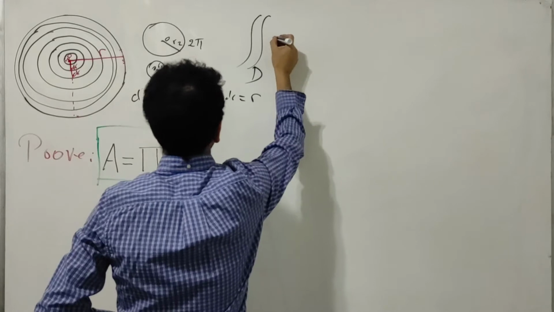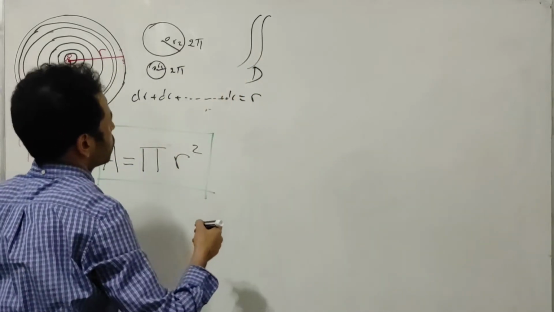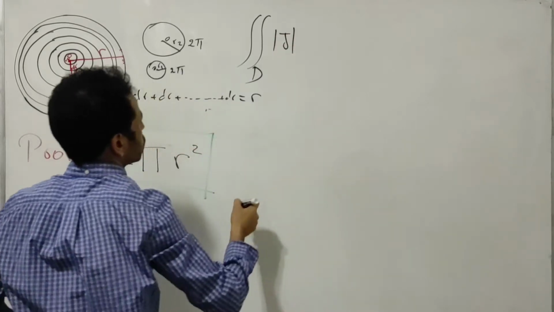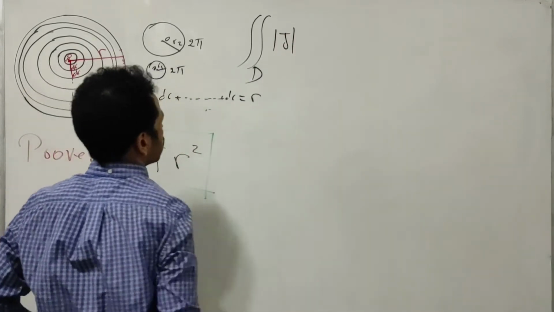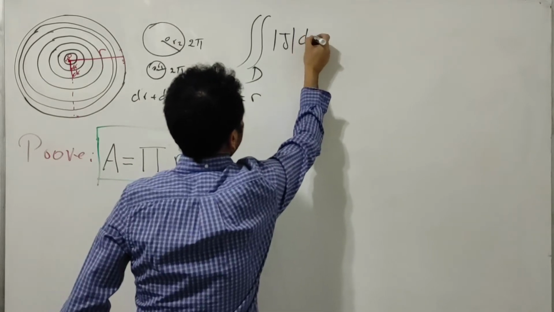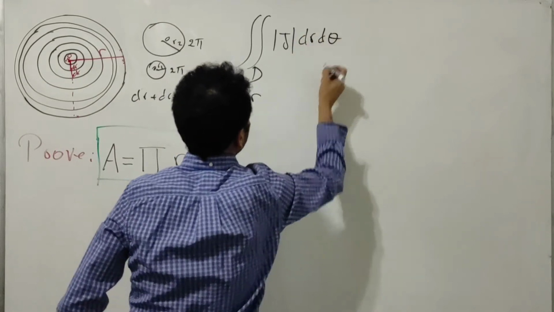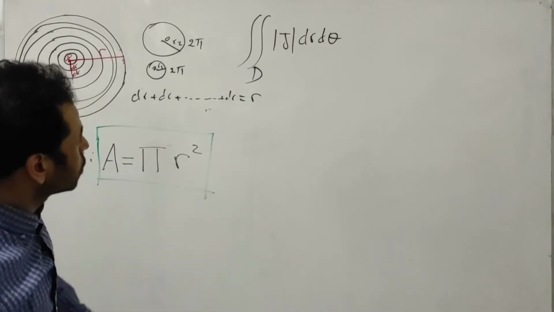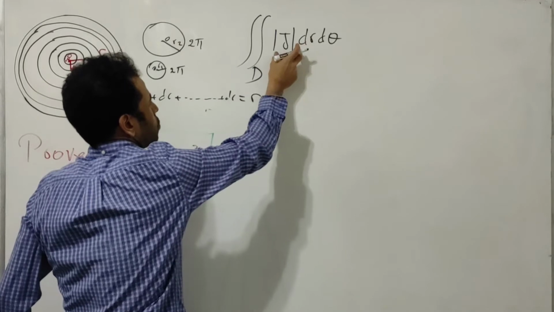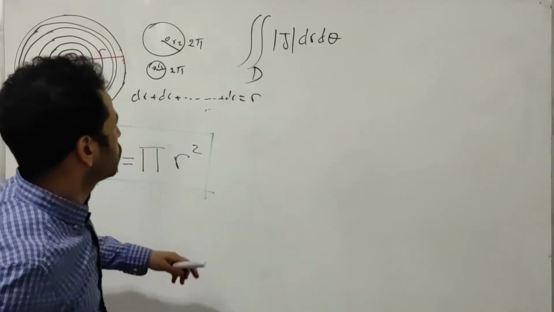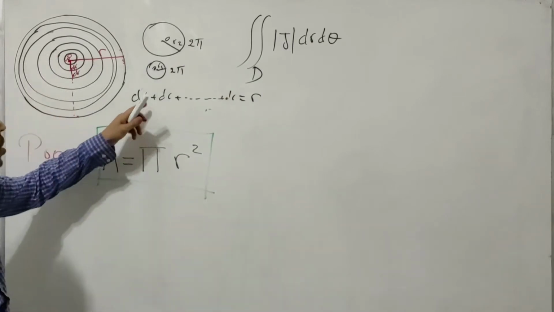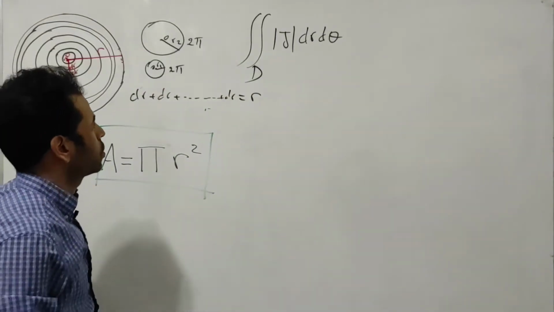By using the Jacobian transformation, I will have the determinant of a matrix of these components multiplied by dr d theta. In order to calculate G, I'm going to make the Jacobian transformation from the Cartesian coordinates into polar coordinates.